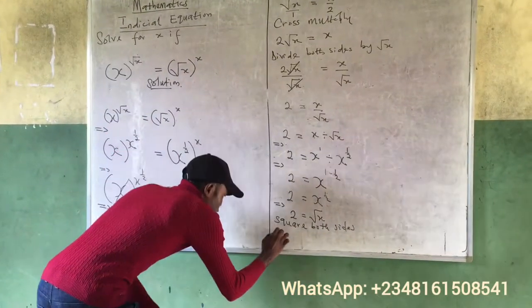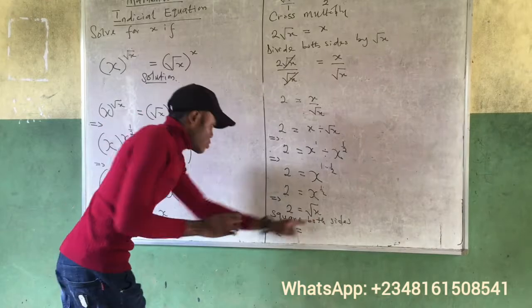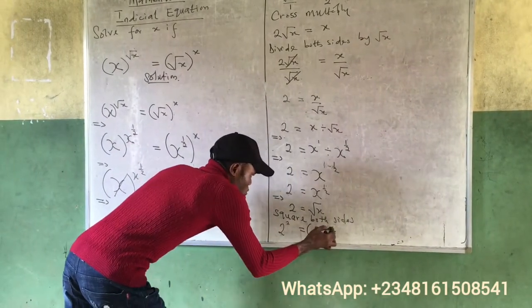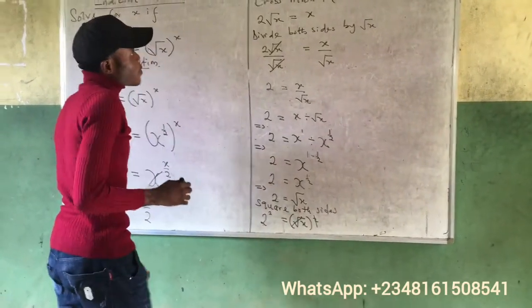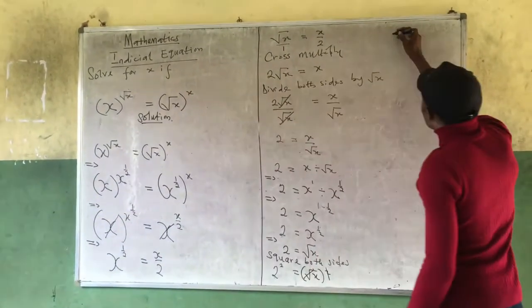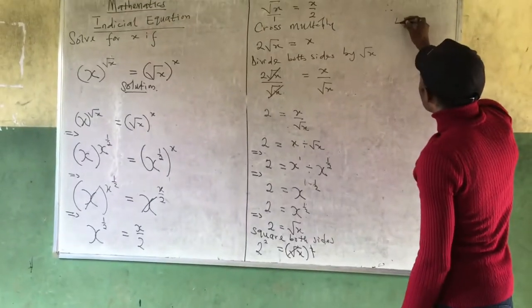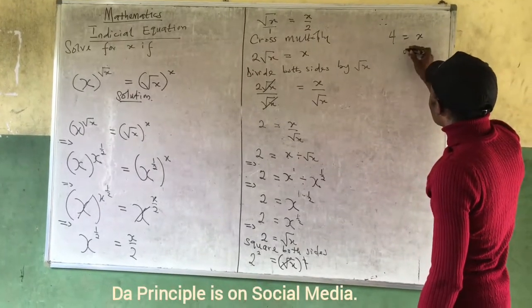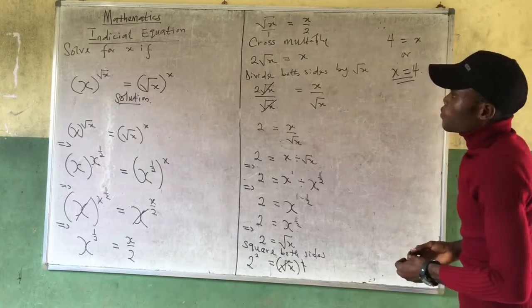So I will square this so that I have 2 raised to power 2, and I will square this also, so this and this will cancel out. So finally, let us write our final answer here. 2 raised to power 2 is 4 equals x. So it shows that the value of x is 4.